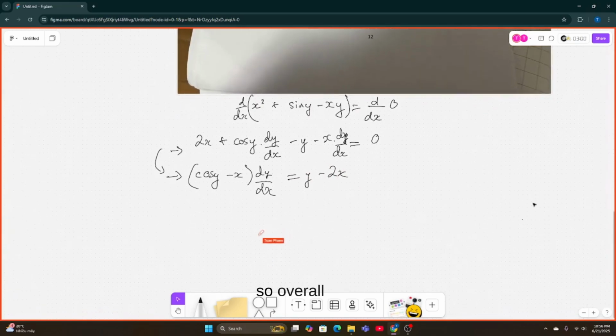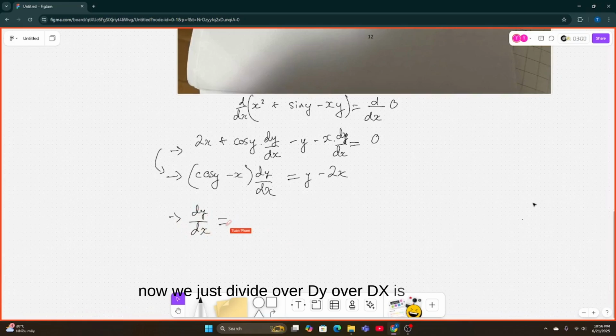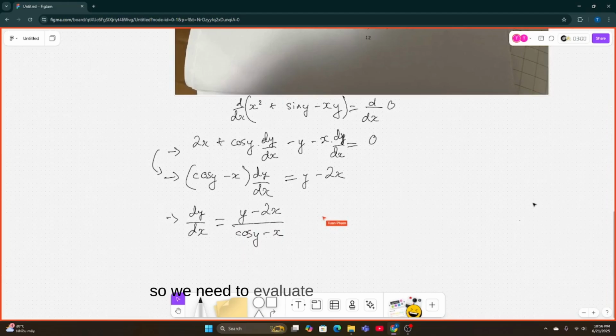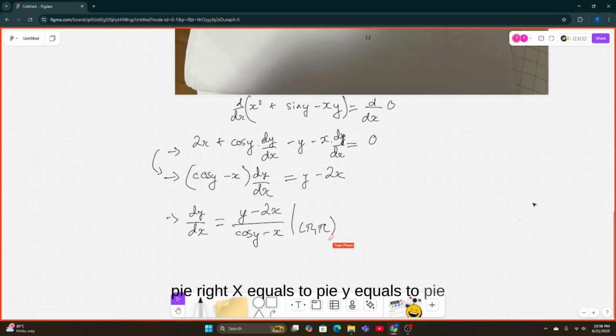So overall, now we just divide, and dy over dx is y minus 2x over cosine of y minus x. And we need to find the gradient, so we need to evaluate the expression of dy over dx at the point pi, right? x equals pi, y equals pi.